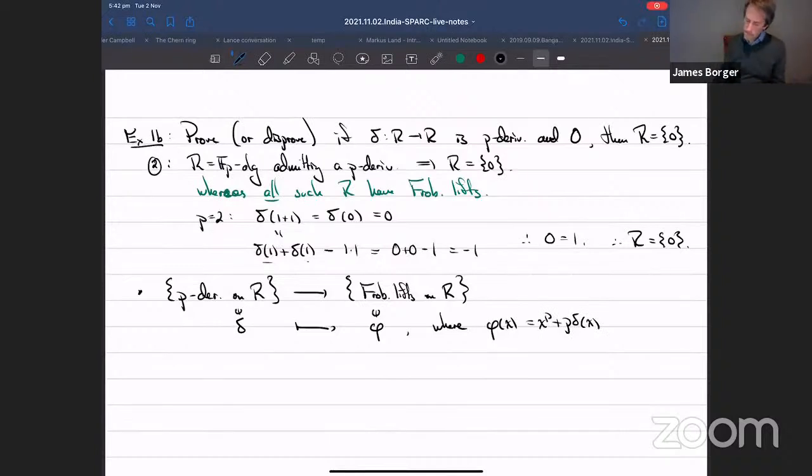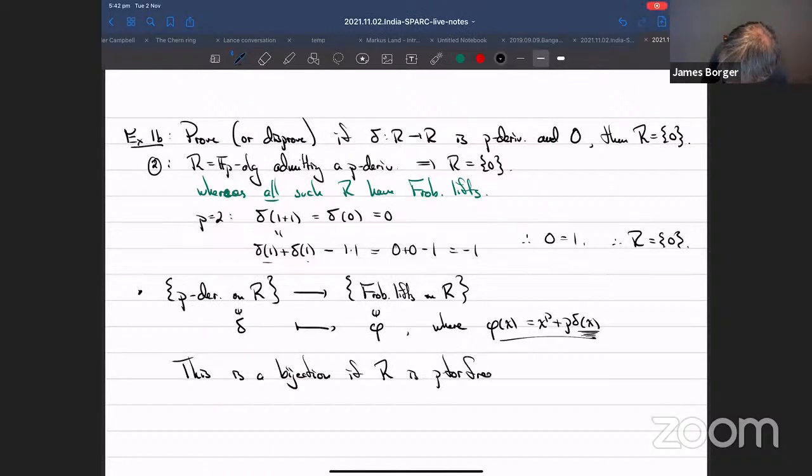And this is kind of obviously a ring homomorphism, because exactly the axioms for delta were designed to imply that it would be. In fact, they're a little stronger. So the point is, this is a bijection if R is p torsion free, but not in general. And that's kind of the whole point. It's not in general.